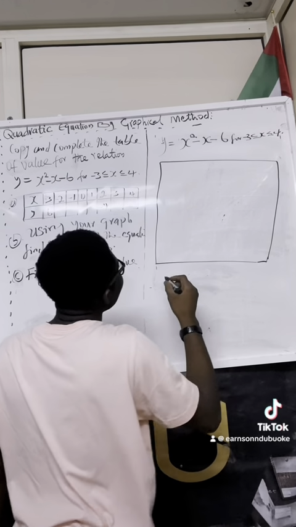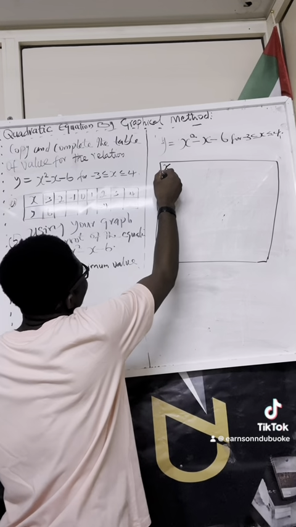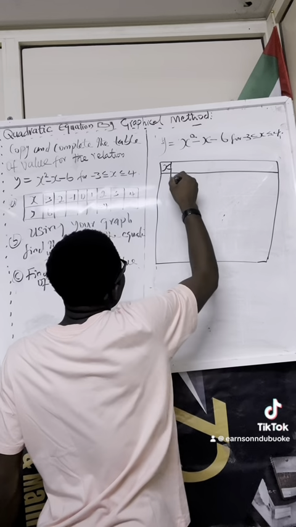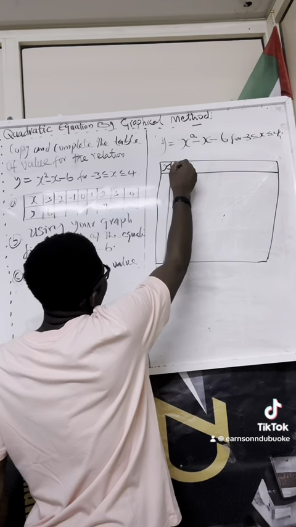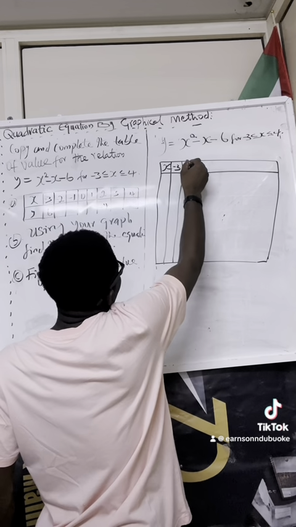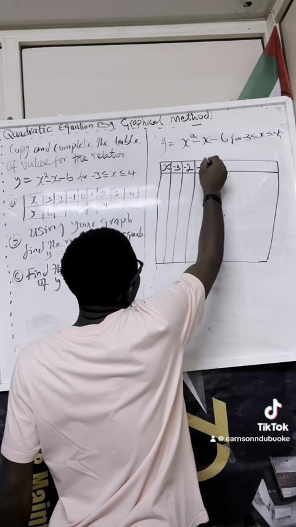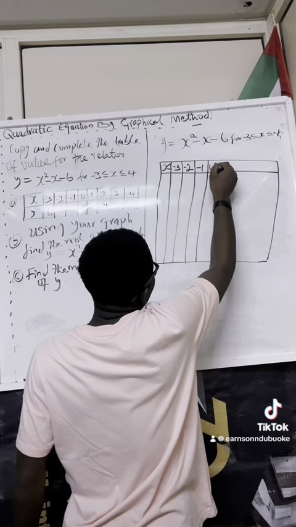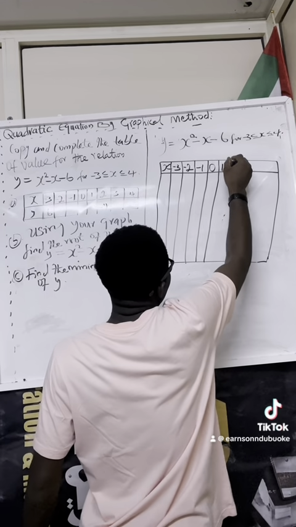Don't mind my hand. The first row there is x, and they have already given the values of x, saying that x ranges from -3. So here you write -3 in the first row, then -2, -1, and after -1 you have 0, and after 0 you have +1.